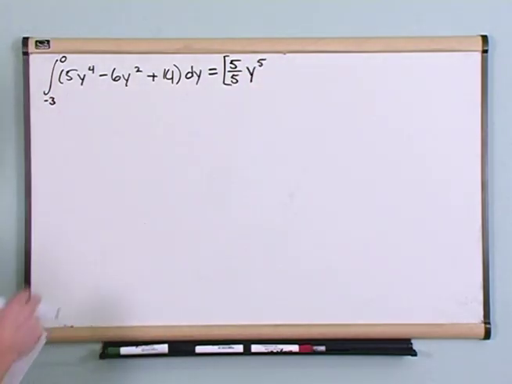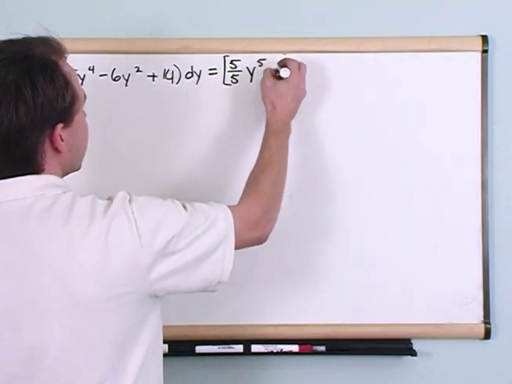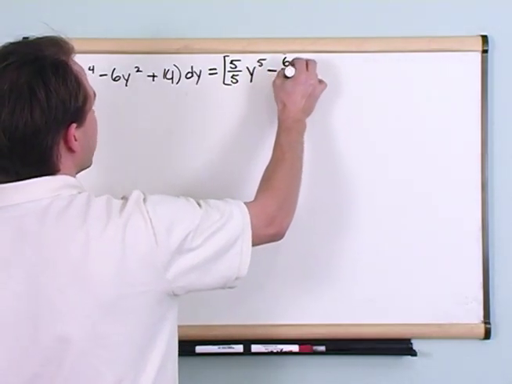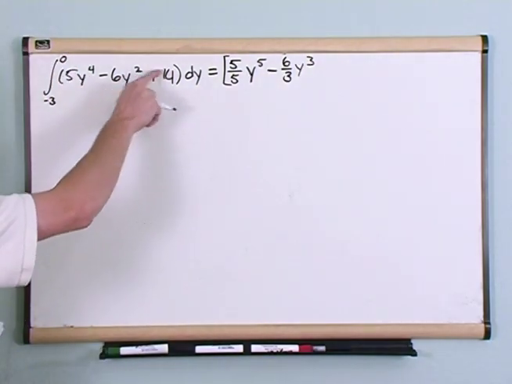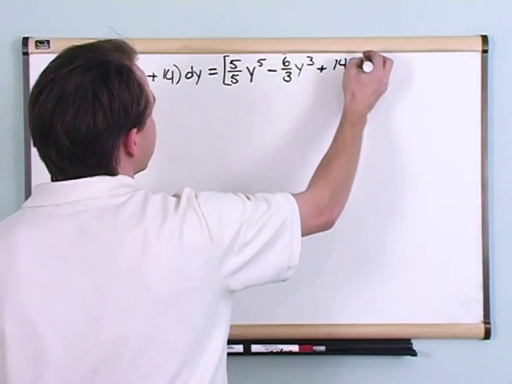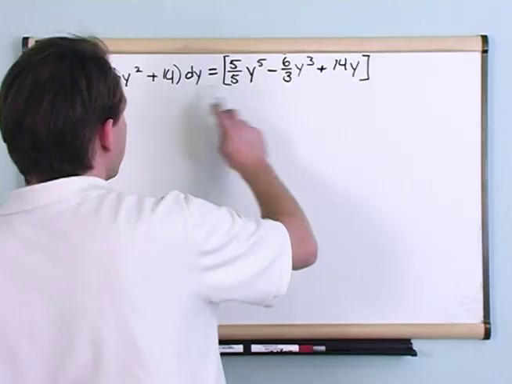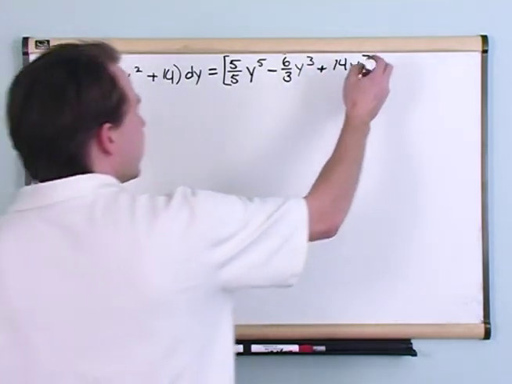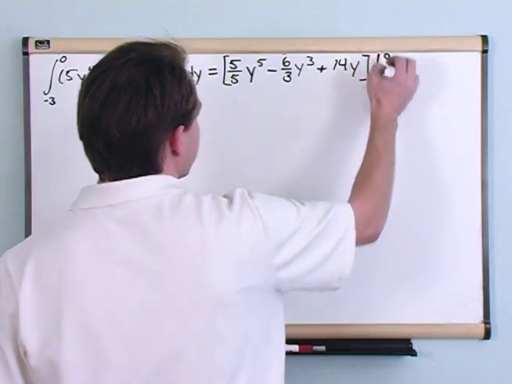Okay. 5 over 4 plus 1 is 5, y to the 5th power, minus 6 over 3 y to the 3rd. 2 plus 1 is 3, so I've got 6 over 3, and I've got y to the 3rd, plus 14y. Okay, and that's because that's y to the 0, so when you add 1 to 0, you'll get a 1, so you have 14 over 1 y to the 1. And then finally, don't forget that you're evaluating this integral from minus 3 all the way up to 0.